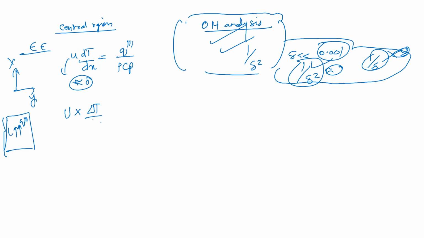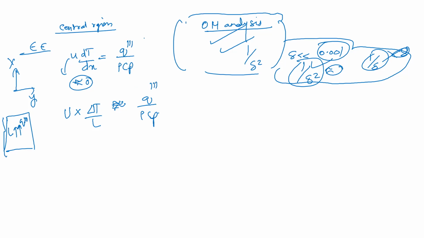So in the core region, we can assume that u delta T is similar in order of magnitude to q triple prime by rho Cp. So that's called an order of magnitude analysis.